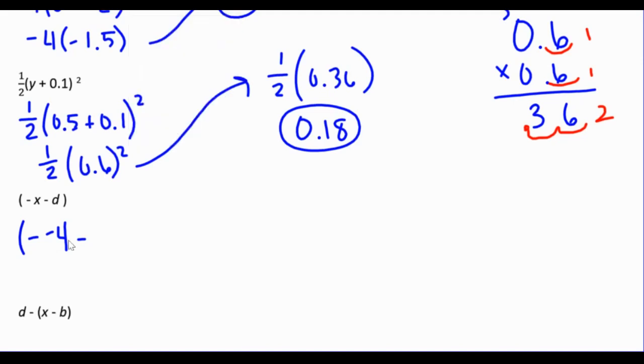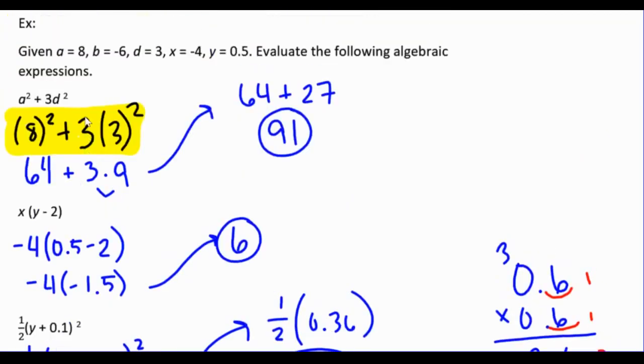So just to really emphasize here, that negative is this one, right? And my value for x is -4. So we're not losing any negative signs there. Then I just have my minus, and then my d value will go right here, which is 3.